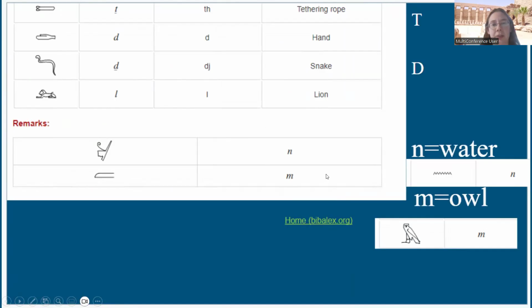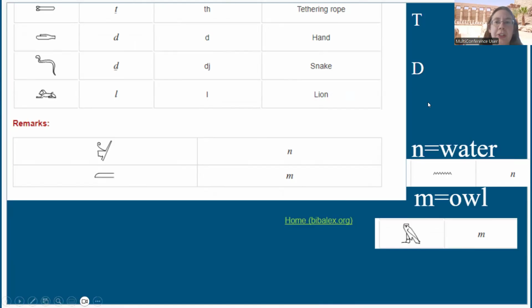And then for the unilaterals, there are two unilaterals that, depending on the context, both stand for the same phonetic sound or letter, but the picture may be different depending on the context and what the text or image or object is trying to say.